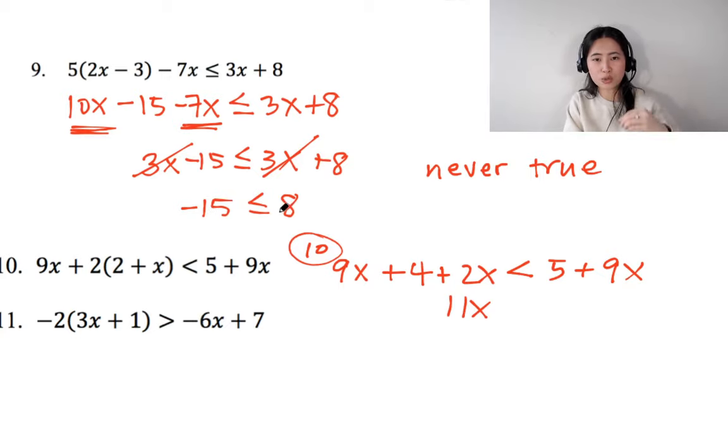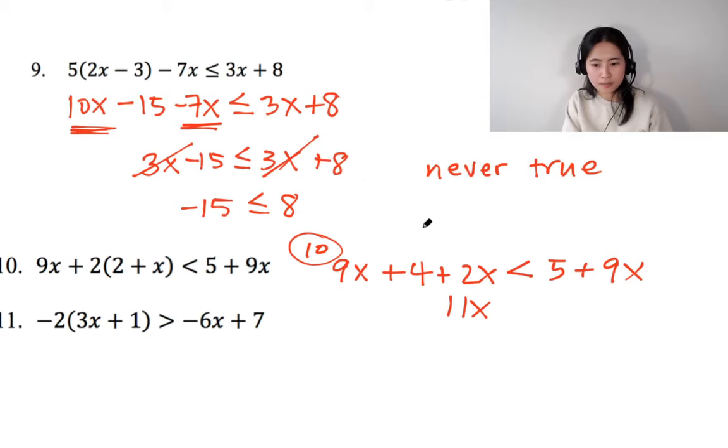They're not giving you a variable. That's why you can never say it's sometimes true, because you cannot say that negative 15 is equal to 8. So that's never true.